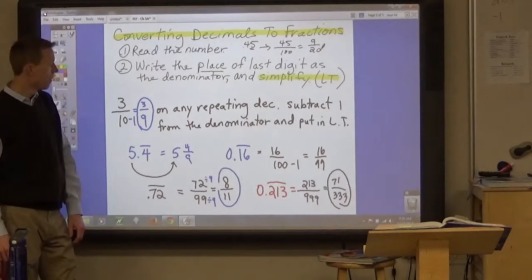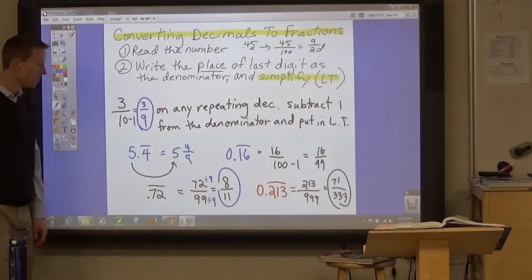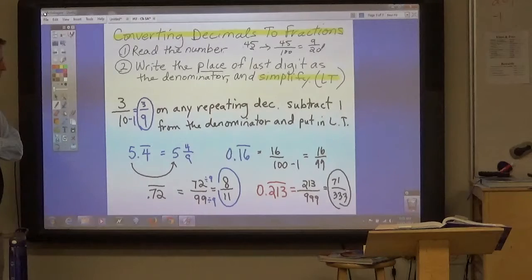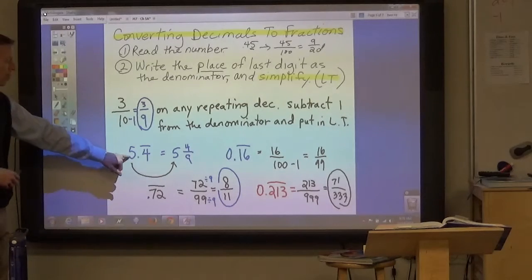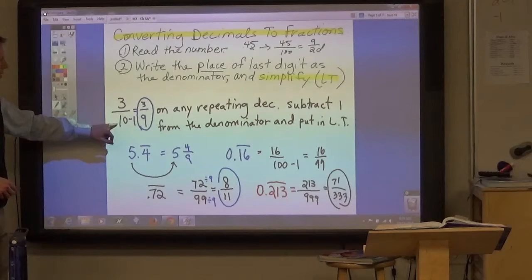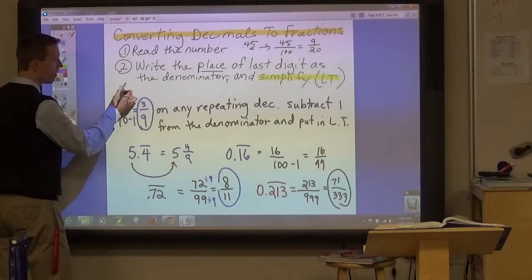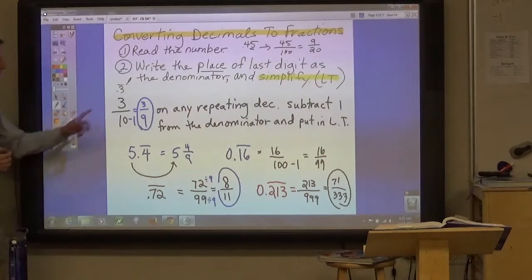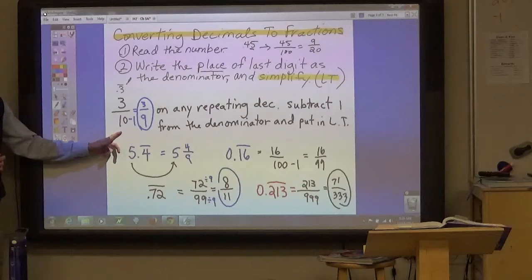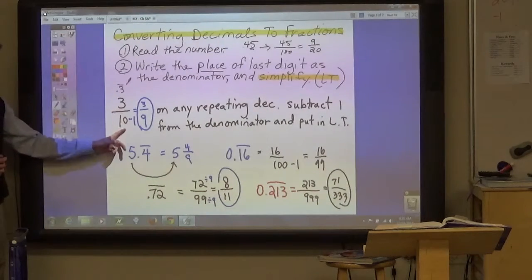Okay. Now, repeating decimals are a little bit different. When you're converting a repeating decimal, look at this example here, 0.3 repeating, we would read as 3/10, right? But 0.3 repeating isn't 3/10.